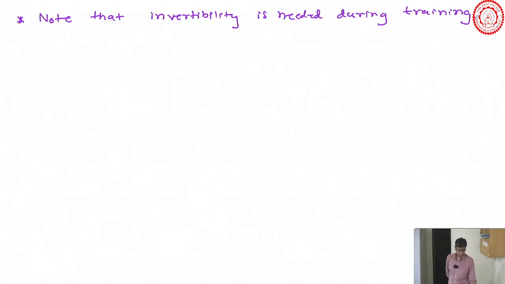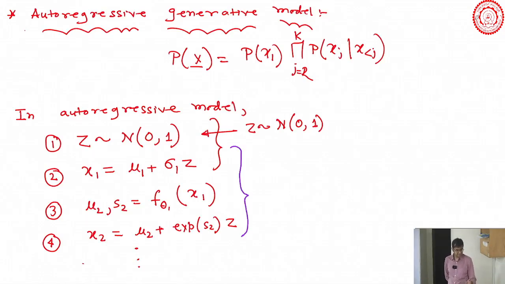Now, S and mu, these are functions of what? Theta and x. What is x? Training sample. So is x not available to me? x is available to me. Theta, during training, for a given iteration, I will have some theta, which will get updated, but theta will be known to me.